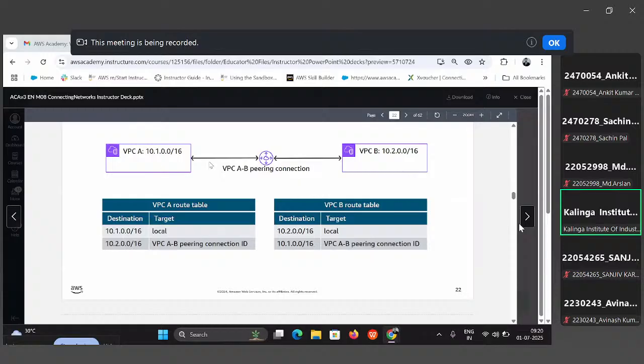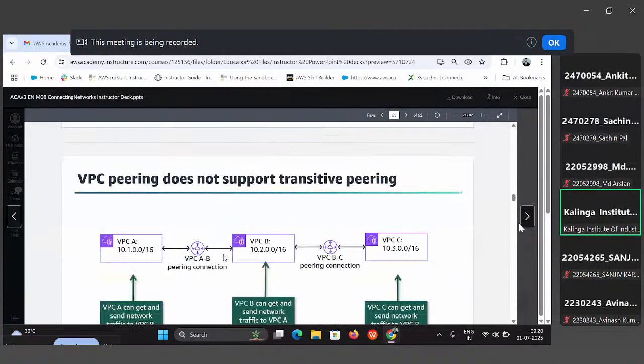This is for VPC A, which will be connecting B to A, and if you connect A to B, you have to mention this IP in the target. It will be mentioned in the route table like 10.2.0.0/16. So you can see under the VPC A route table the destination is 10.2.0.0/16. And in the VPC B route table, you see that the destination is 10.1.0.0/16, right? Accordingly, you can pull that.